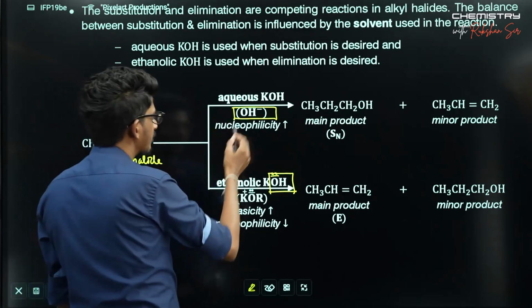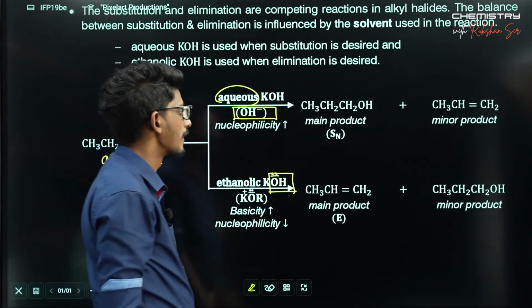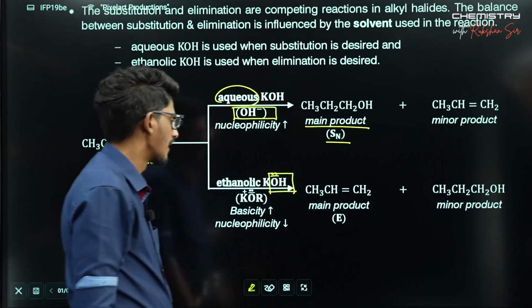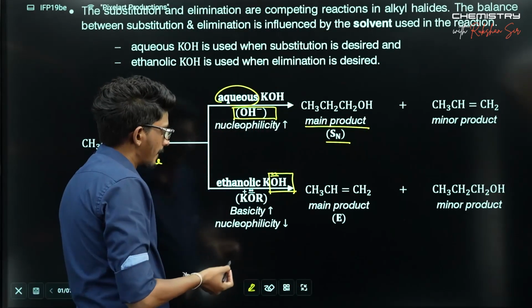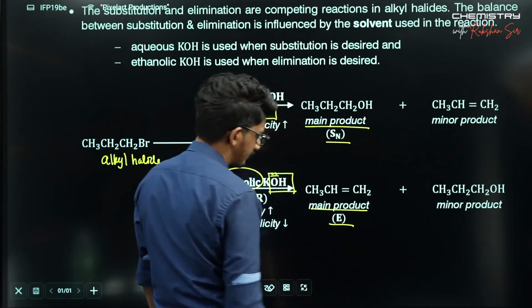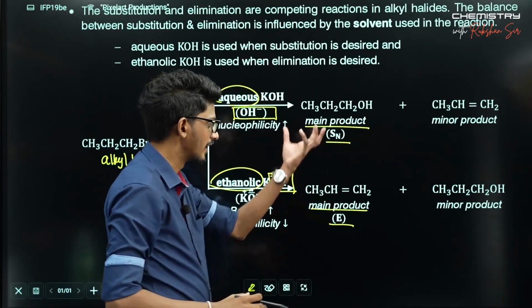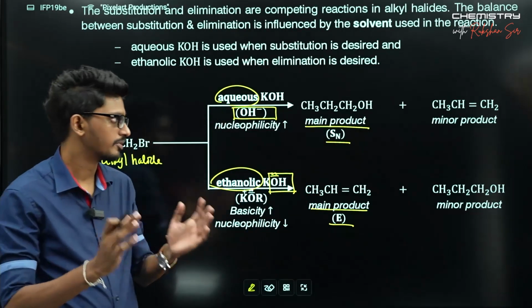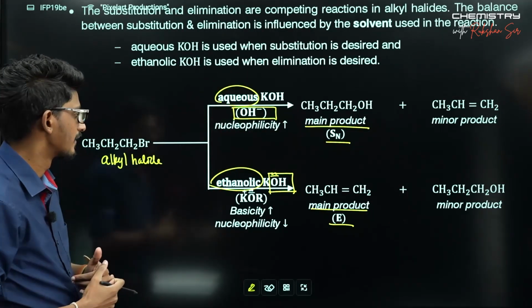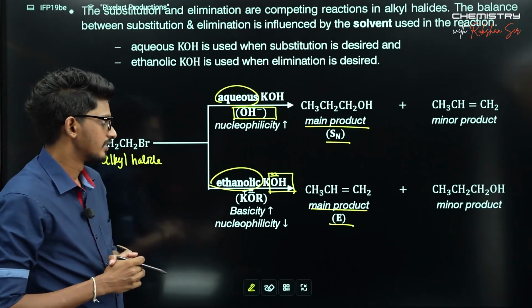When you are using an aqueous medium, the major product is going to be the nucleophilic substitution product, and if you are to use an ethanolic medium, the major product is going to be the elimination product, right? So basically, this is what they have observed when adding the same OH minus, the same reagent, in two different solvents.